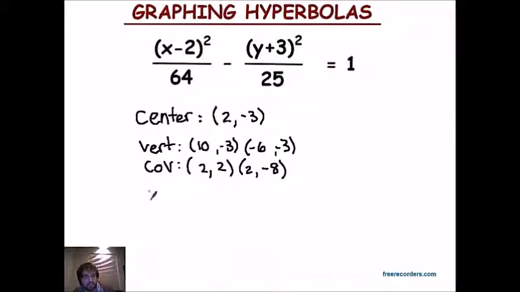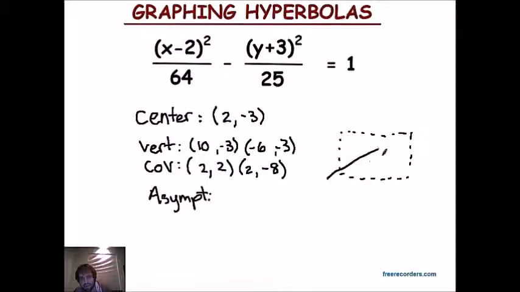The other thing that's nice to look for is the asymptotes, and there are a couple of different ways to find them. One, if I plot these points, it helps me build this box. Off of the box, you can draw your asymptotes through the diagonals.